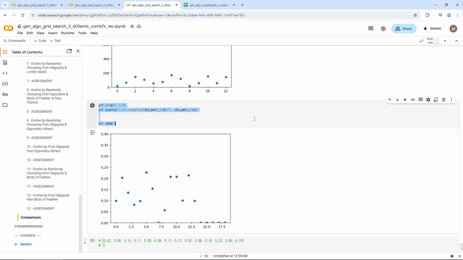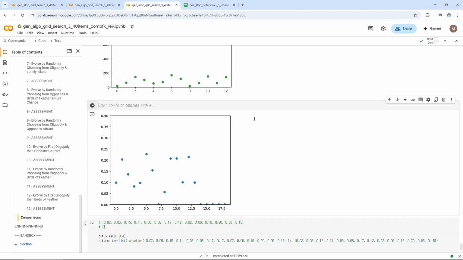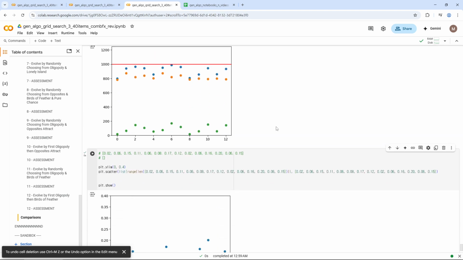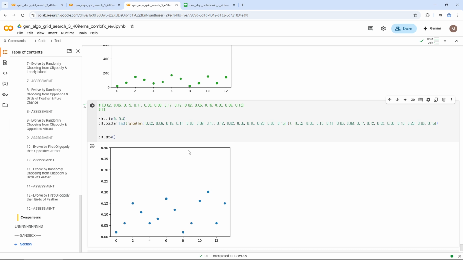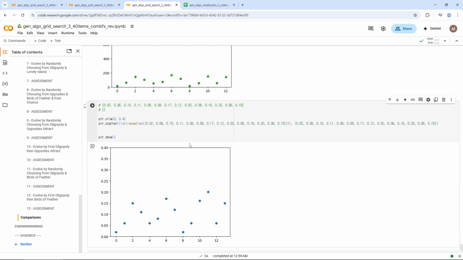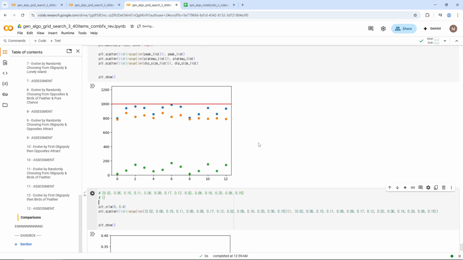So, let me just get rid of this. Now we can talk about it. These aren't exact values, but they are close, and we can see here that the dip percentages kind of vary.